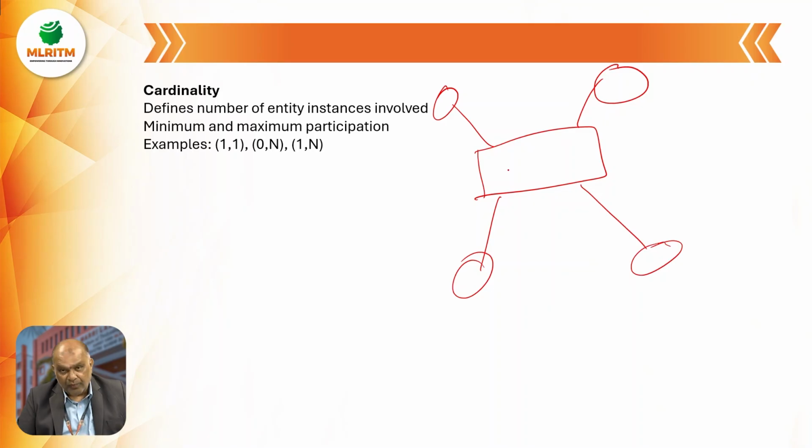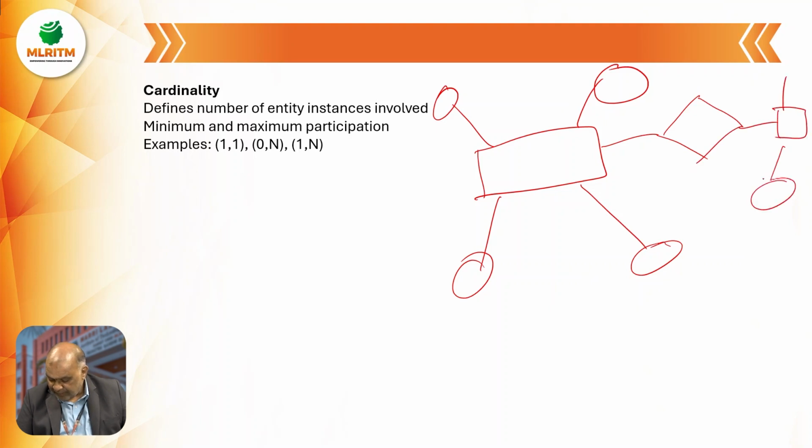And if I say one to one, so there is a relation between one attribute of one entity to one attribute of another entity. If I say 0, n, so relation means we can express like this. And also we have one more entity like this. Okay. So we can say 1 to 1.